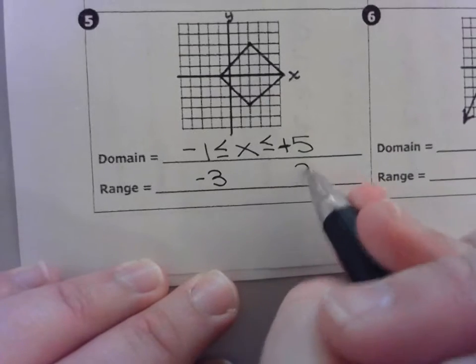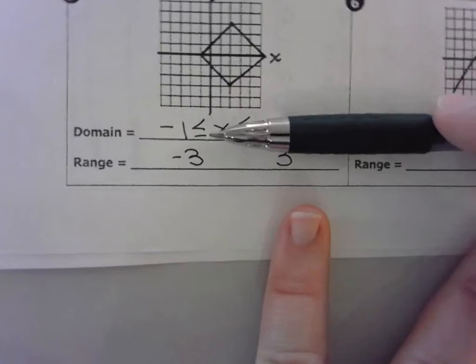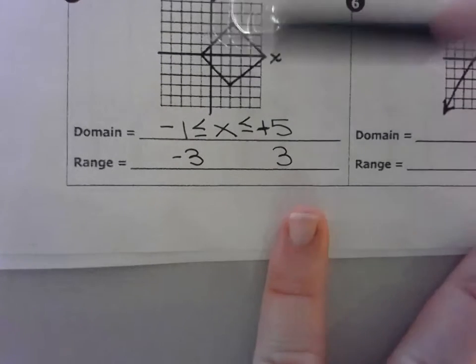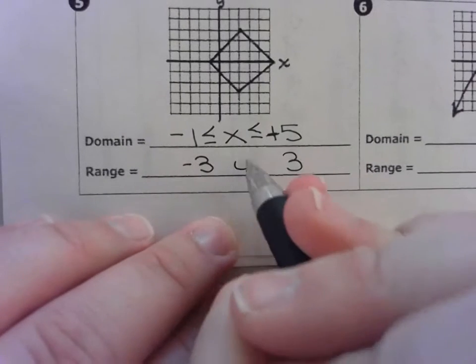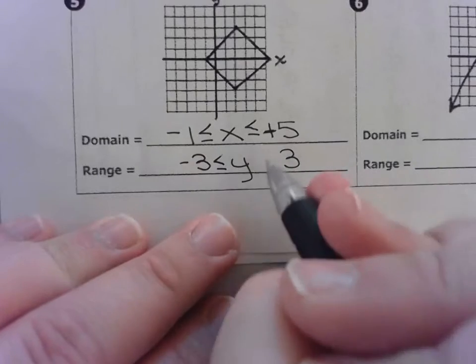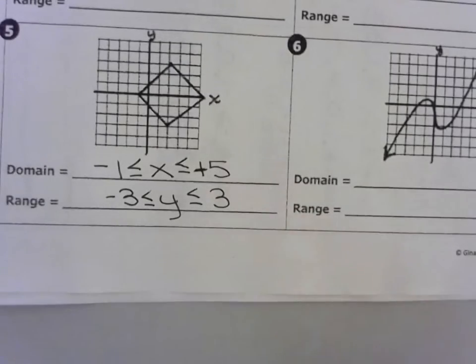So I start at -3 and go all the way up to 3. Put y in the middle. My y values are greater than or equal to -3 and less than or equal to 3, because my y values are between -3 and 3.